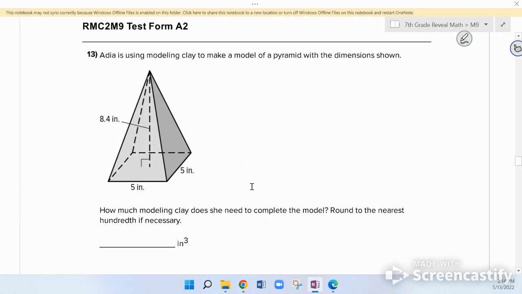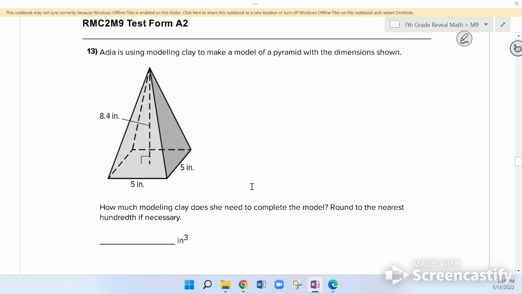Now we're moving on to 13. What shape is this? Looks like a rectangular pyramid. Guys, can you please check your formula sheet for the volume of a pyramid? Oh no, it's not there.